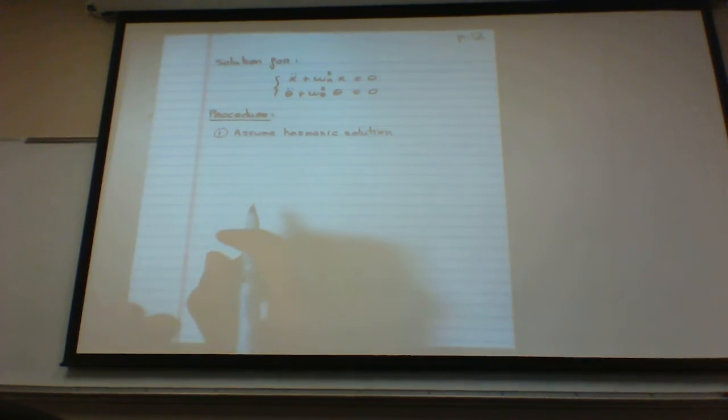Assume, I'm using the blue now because the black is almost gone. So the harmonic solution is to assume something of the form of sines and cosines, which is the same as to say x will be equal to c exponential, I think I used minus lambda t.